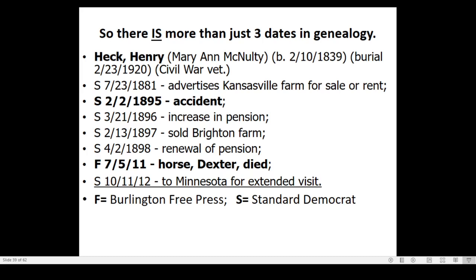And this one here, in 1895, he was in an accident. It's a horse-drawn carriage, and he obviously was going too fast, speeding, and he apparently hit a bump while rounding a corner and was thrown from the buggy and was severely injured.